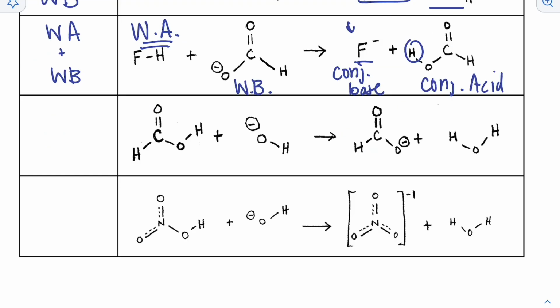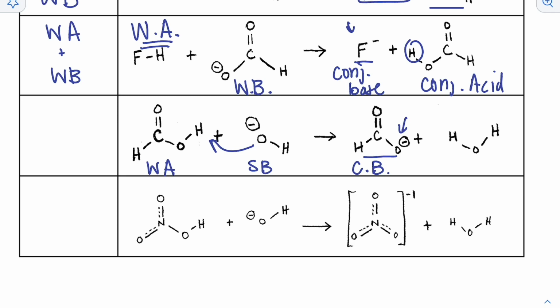Here we have formic acid, a weak acid, and hydroxide. We know that this is a strong base, meaning it will forcefully take the proton from the weak acid and never give it back. That would make the resultant base the conjugate base because there's a place for the proton. However, this is not an acid.